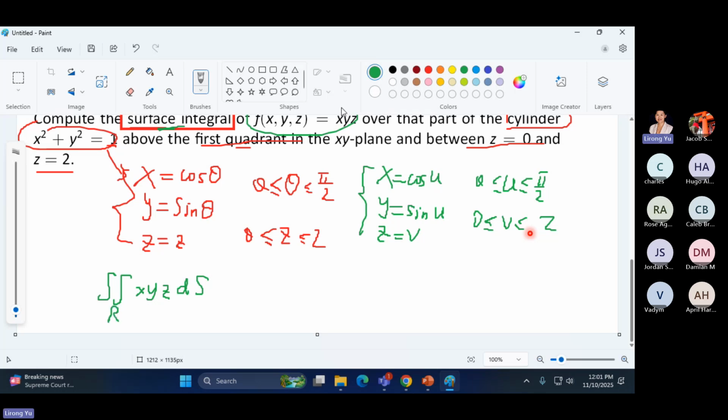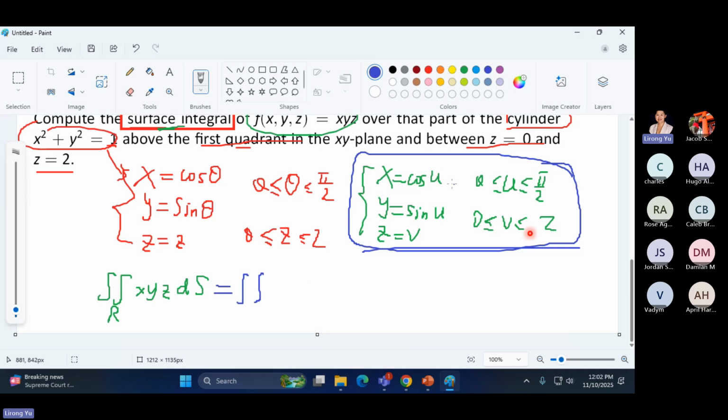We're doing it according to the new variables, because we're trying to follow the formula of the surface. So it becomes a double integral. The x is cosine u, the y is sine u, so x, y, z becomes cosine u times sine u times z, and z will be v. This is our derivation of x, y, z.